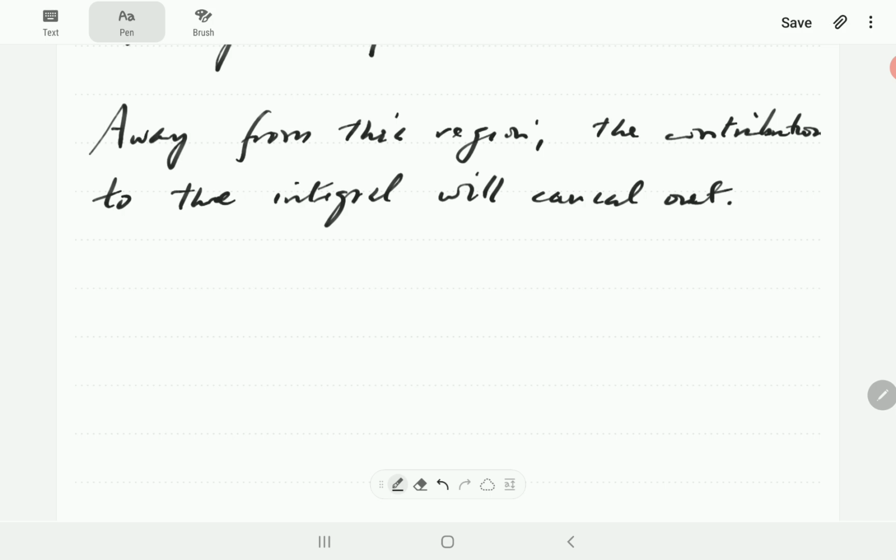So let's actually have a look at this experiment graphically.